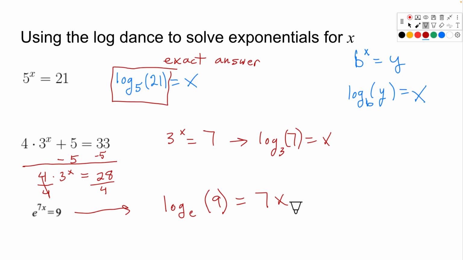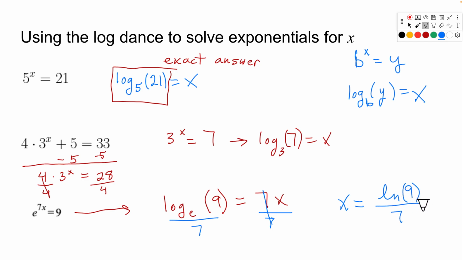Have we solved for x? Not yet. Almost. Because we got 7x, but we need just x, so what do we need to do now? Divide by x? No. We want to solve for x, so we divide by 7. So that's it, and we get x equals, I'm going to write the log base e in its regular form, natural log of 9 over 7.